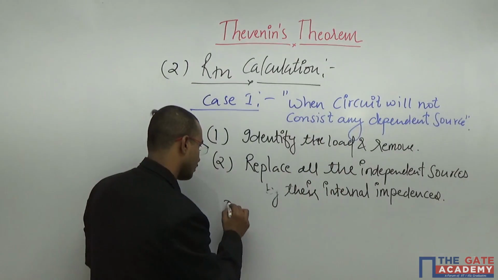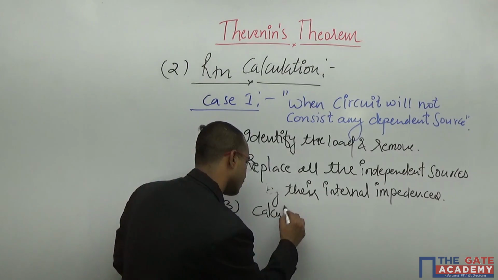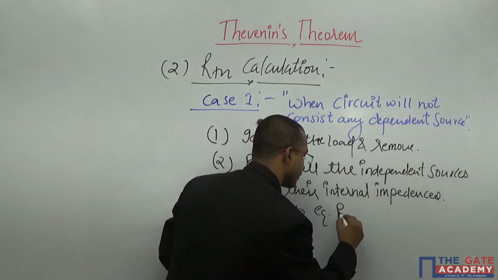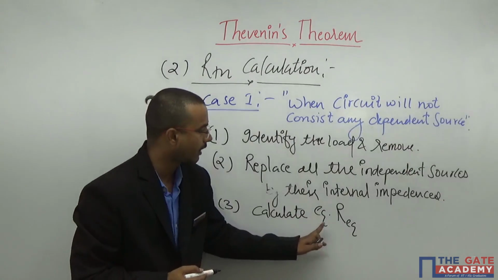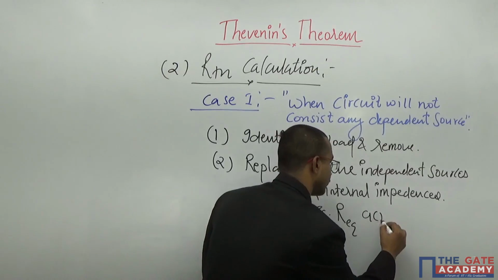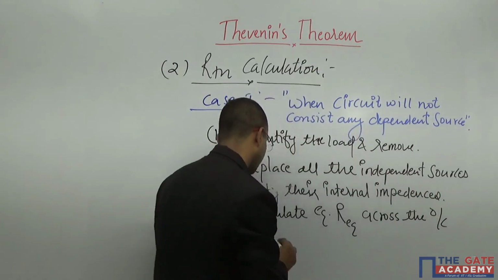Okay. Now, the third one is calculate equivalent resistance REQ across the open circuited terminal.